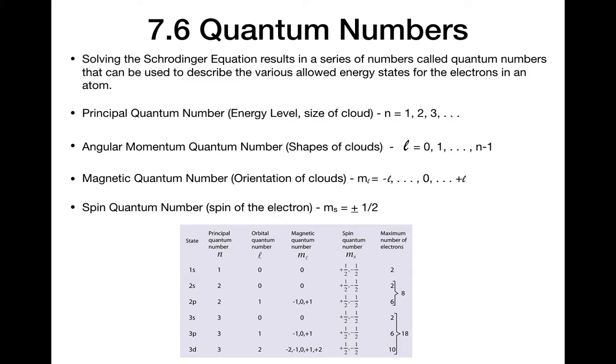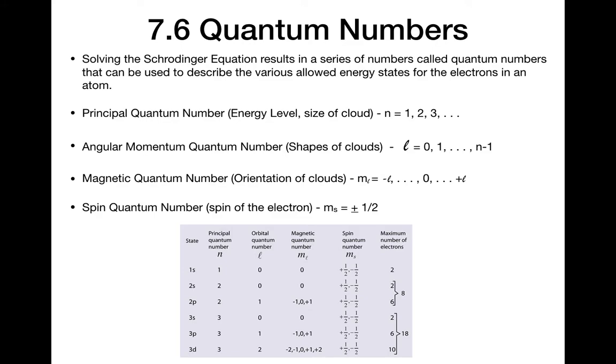Just briefly, the principal quantum number, or the first quantum number, is called the N quantum number. It deals with the energy level of the electron, which is related to the size of the cloud. When n equals 1, you have the first energy level, which is closer to the nucleus, and so that is a smaller cloud.